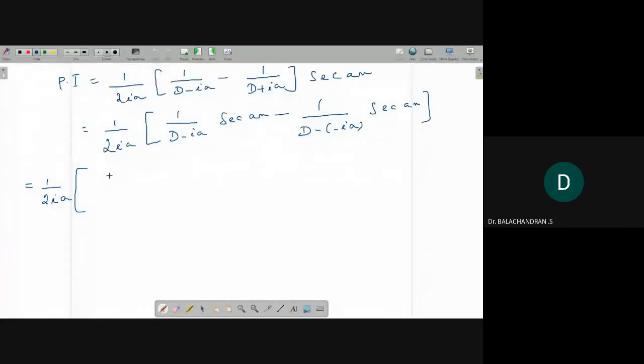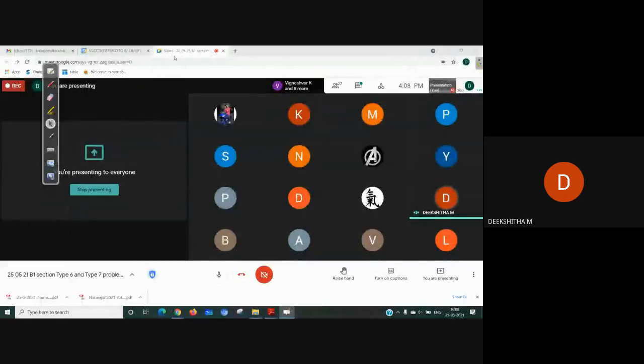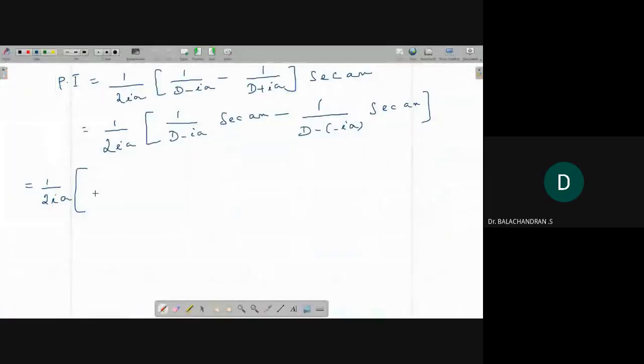Can you now tell? 1 by 2ia into 1 by d minus ia is e to the power iax integral of e to the power minus iax into secant ax dx.